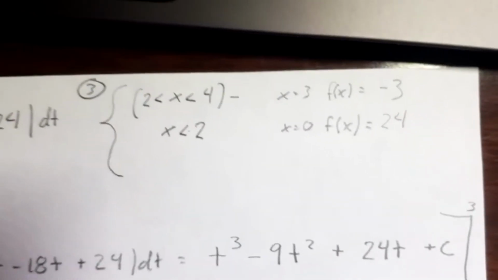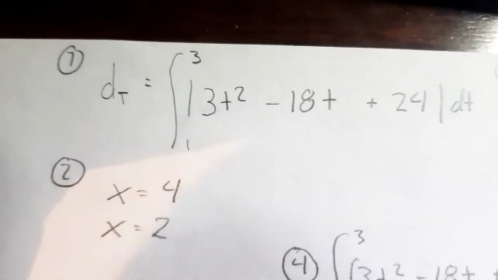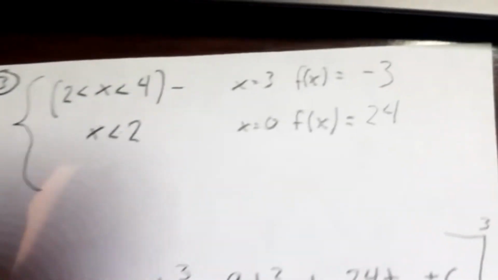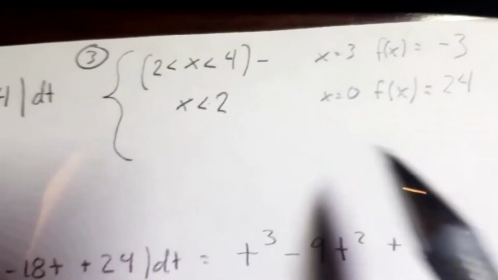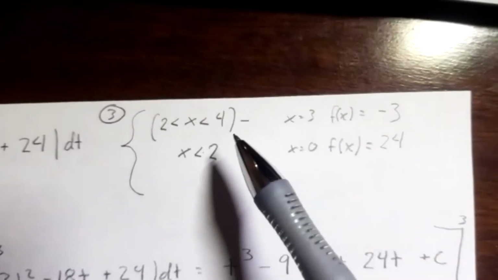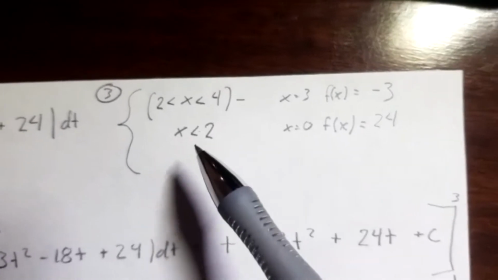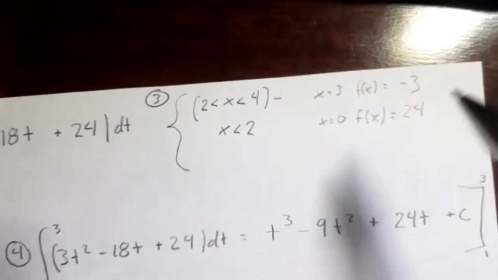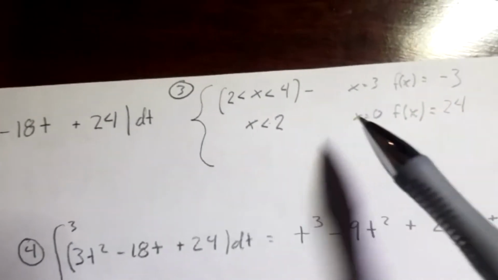After that we need to establish ranges. Our integral goes from 1 to 3 and our zeros are 2 and 4. So we'll have a range that is between 2 and 4 and a range that is less than 2. So we need to test these values.